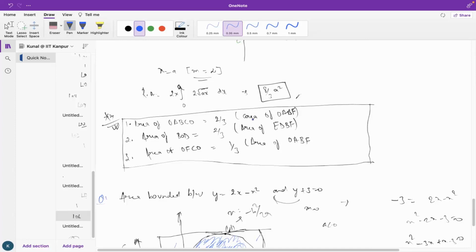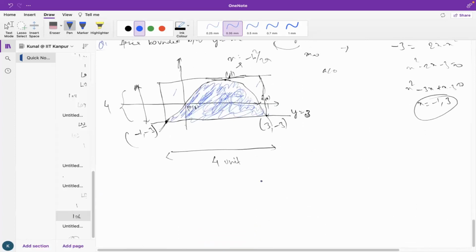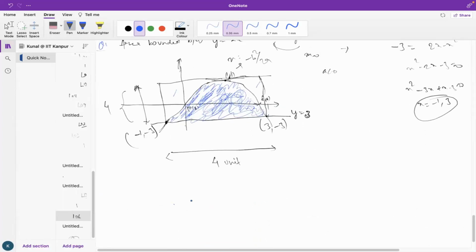So let me try to write it here. Let me use some other color. So our area will be nothing but 2/3 of the area of the rectangle.